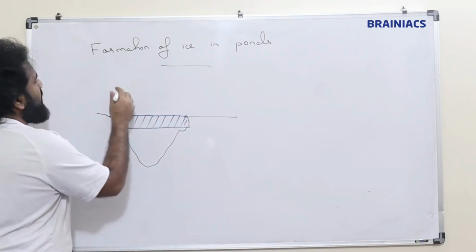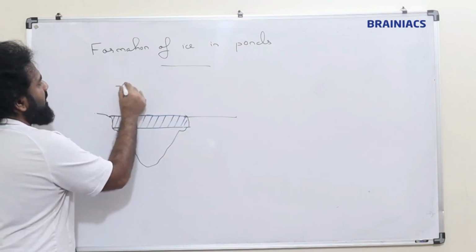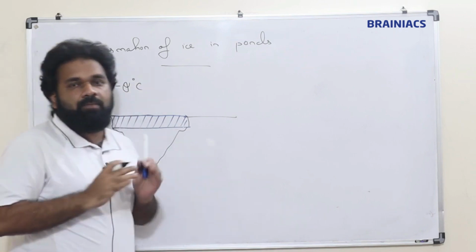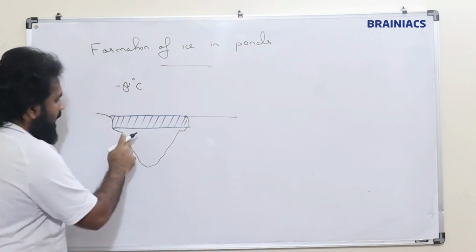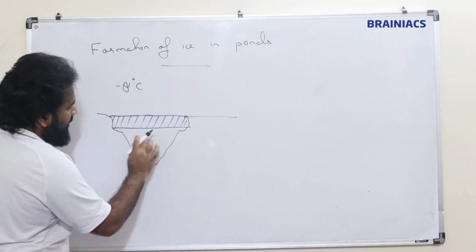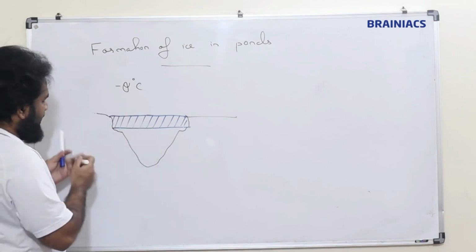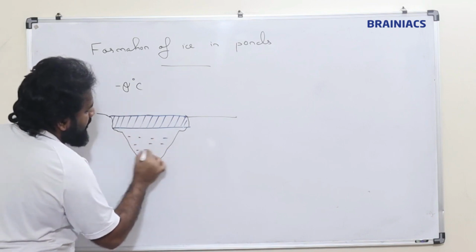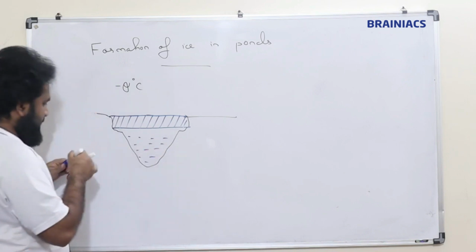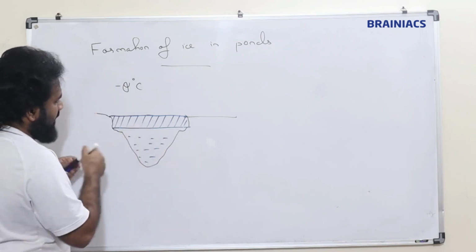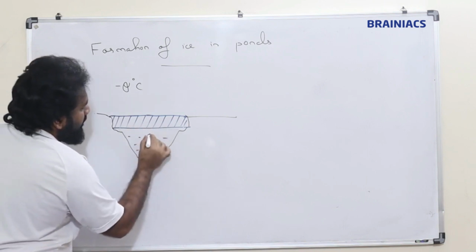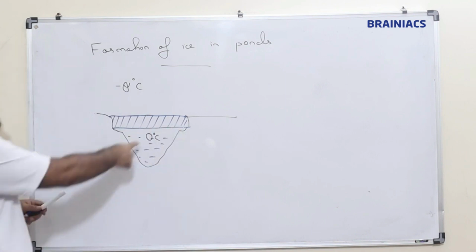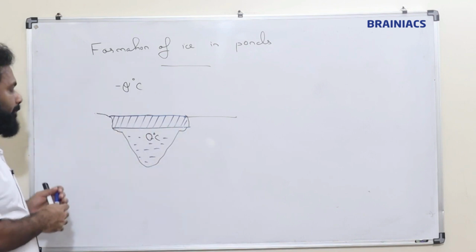Here the atmospheric temperature is minus theta degree Celsius, and wherever water is there, just below the surface of ice, the temperature is going to be 0 degree Celsius.